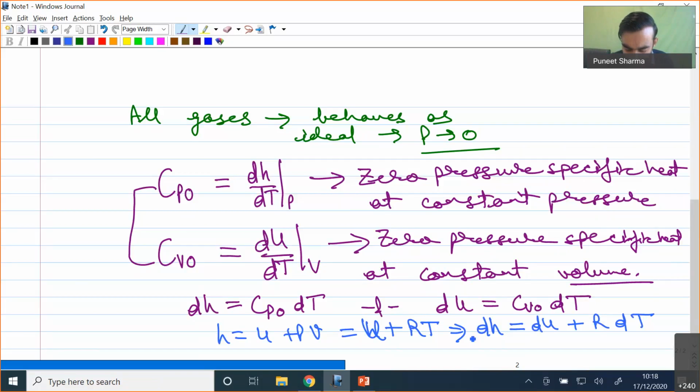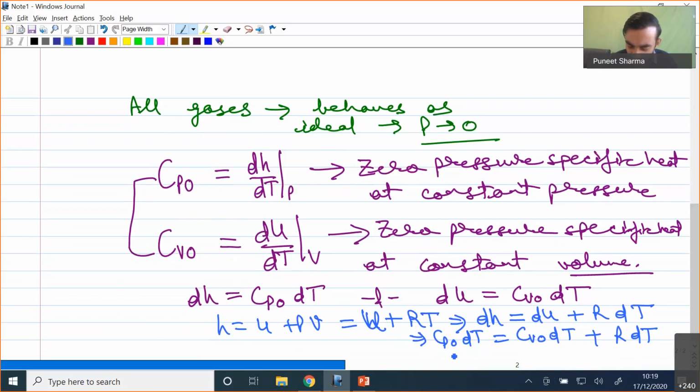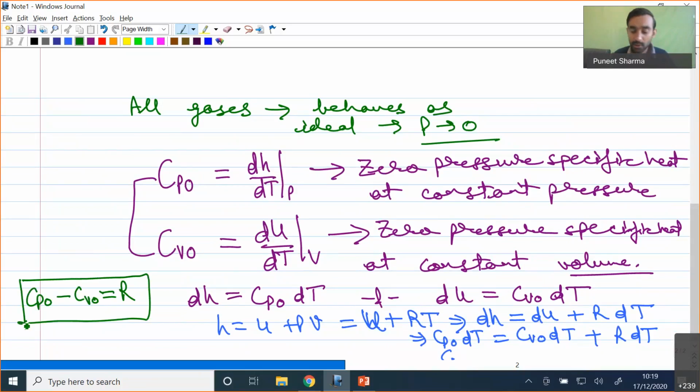Replacing dH with Cp naught into dt gives Cp naught dt equal to Cv naught dt plus R dt. So dt will cancel, and finally we get Cp naught minus Cv naught equal to R. This is one important relation we find after taking the assumptions of ideal gases.